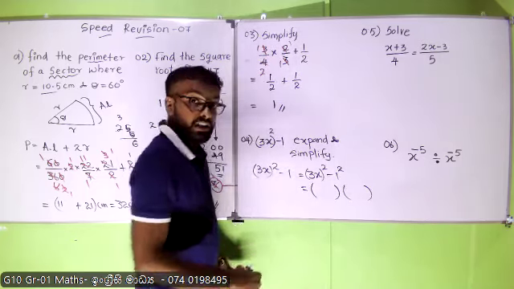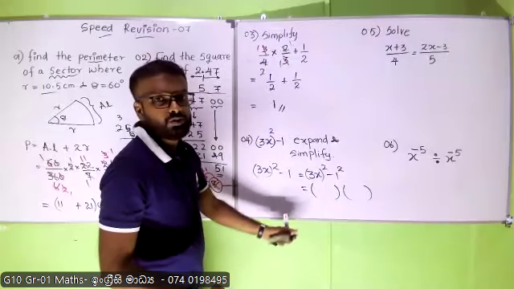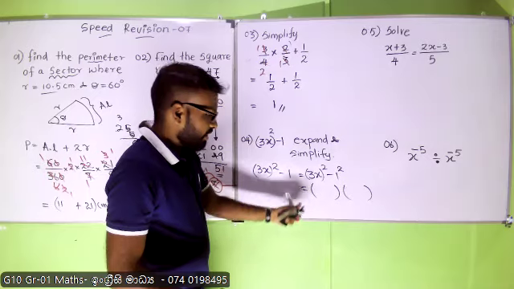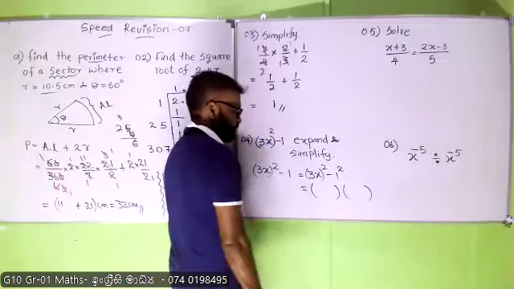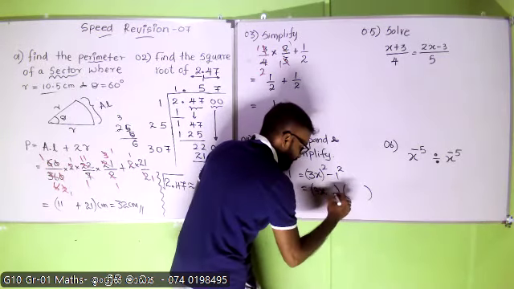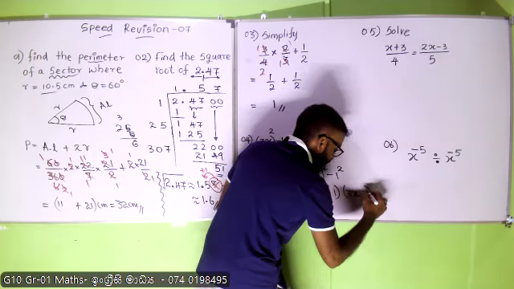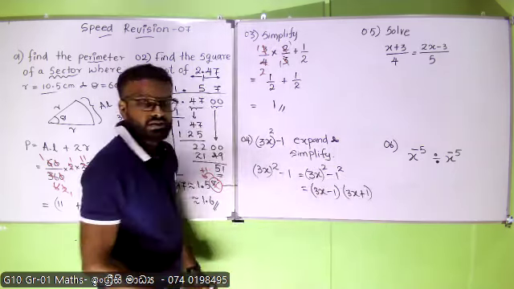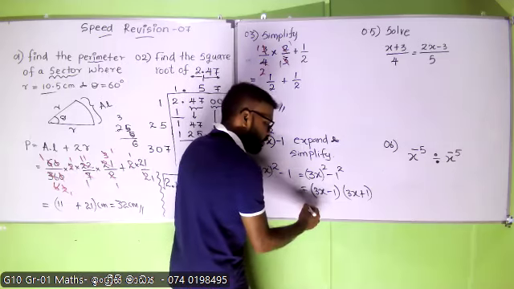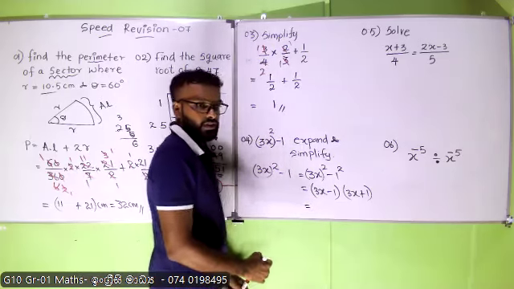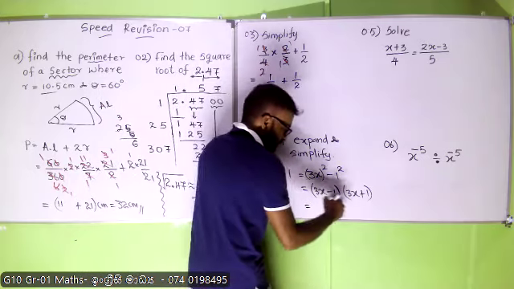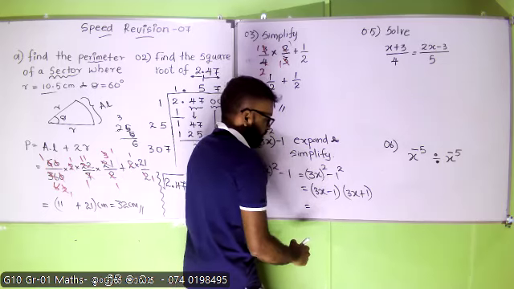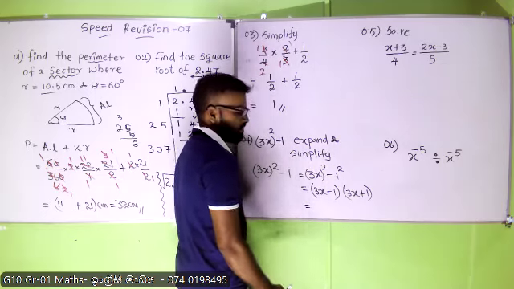So this is (3x+1)(3x-1), negative and positive. That is the difference of two squares. Some of you might know, but no one told. So get the multiplication of these two, and you will end up with the final answer.